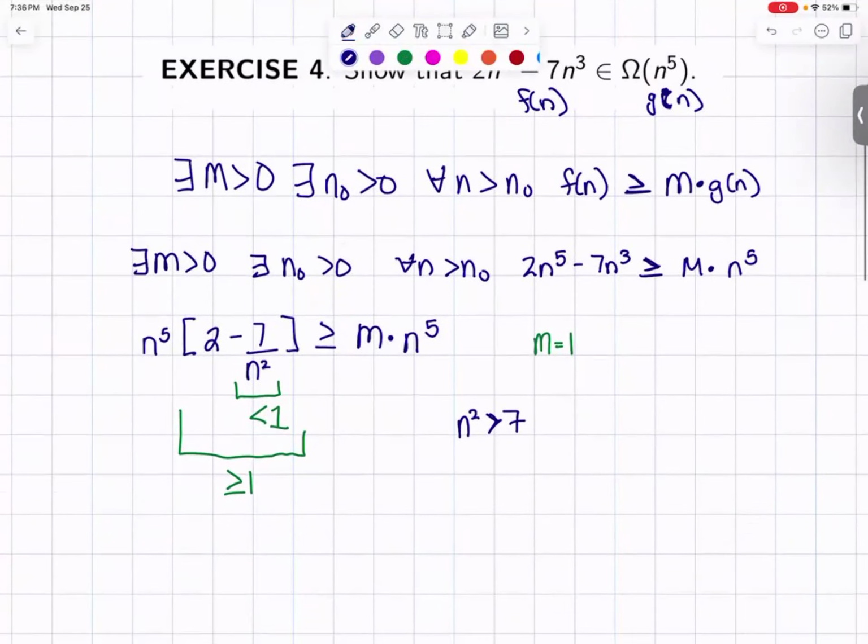Now, there's absolutely no reason to take the square root of this or anything like that to get a tight lower bound on n, because all we need to do is find an n naught that exists. So if n naught is equal to 7, we'll know that n is greater than n naught, which will mean that n is greater than 7, which will then imply that n squared will be greater than 7. And that's actually good enough for us.